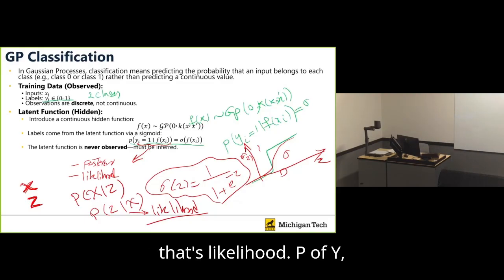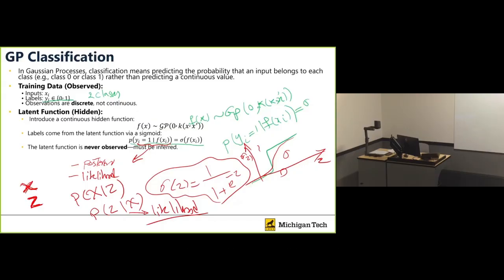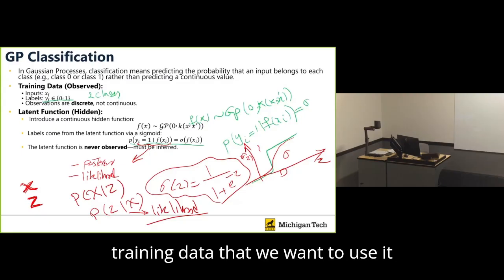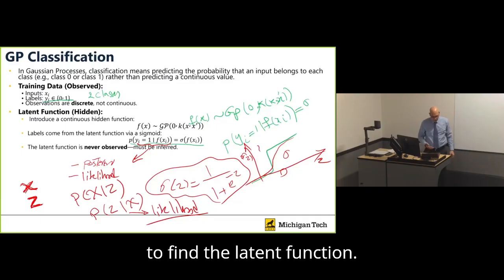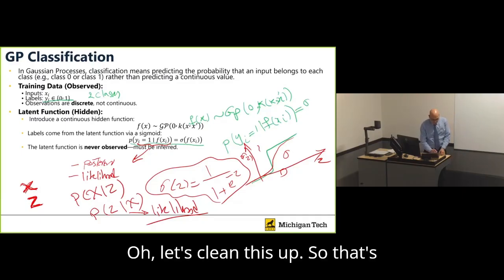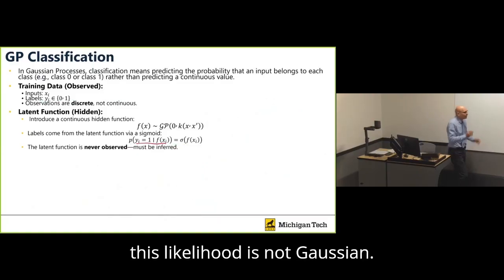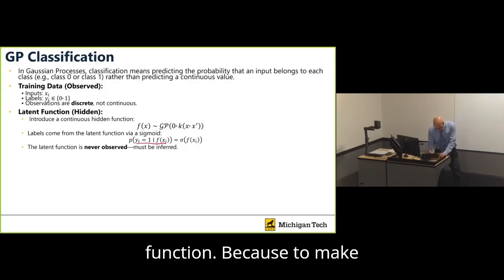That's the likelihood, P of y, because y is the measurements. Lowercase y i and x i are both measurements or training data. Then we want to use them to find the latent function. Let's clean this up. So this is likelihood, and this likelihood is not Gaussian. Why is it not Gaussian? Because of this function.